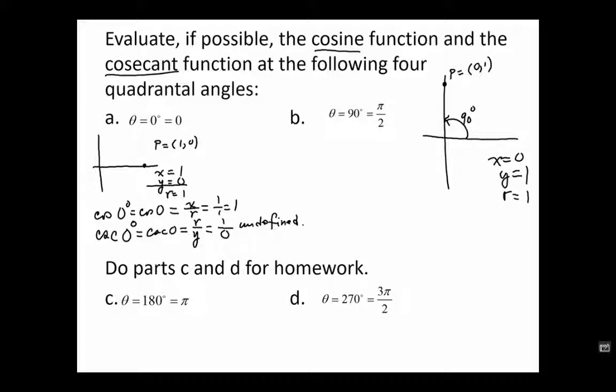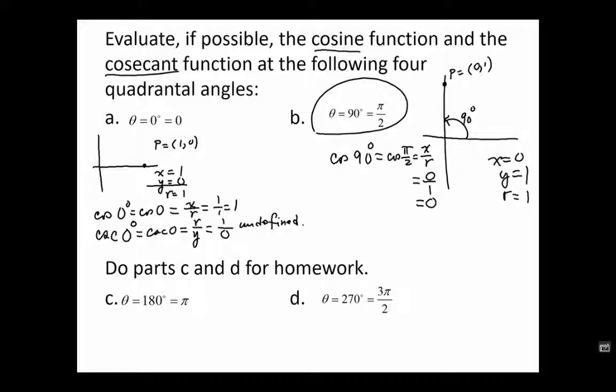We want the cosine of 90 degrees, which is the same as the cosine of pi over 2, and the cosine is defined to be x divided by r. So 0 divided by 1, so the cosine of 90 degrees or pi over 2 is 0.